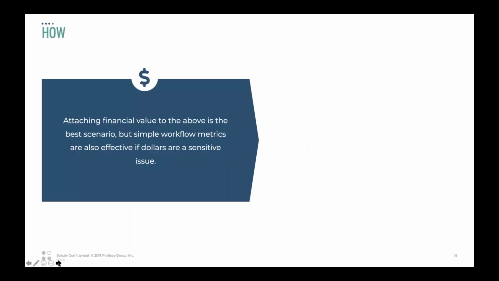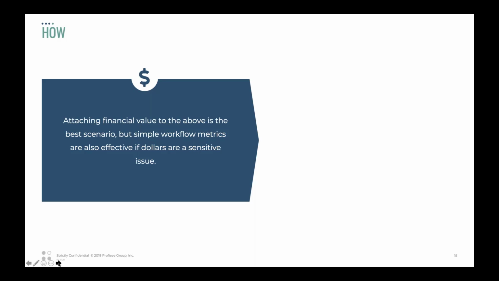I talked about money as part of the business case a little while ago. That's the best case. If you can actually quantify in terms of dollars saved or dollars expected to be made, or both, that's the best. But in reality, most organizations are much more comfortable with simple workflow metrics like onboarding rates or introduction rates or service rates, throughput rates of transactions, that kind of thing.